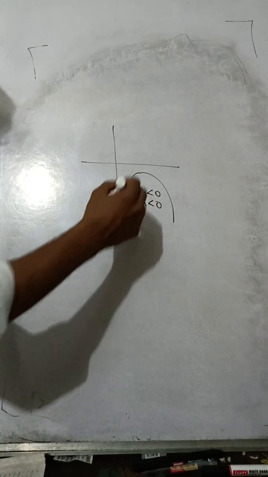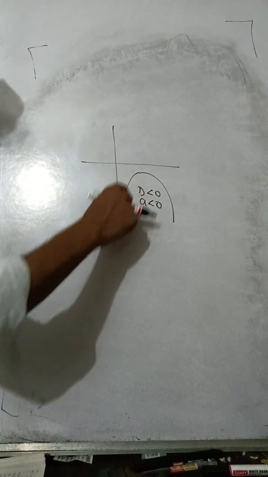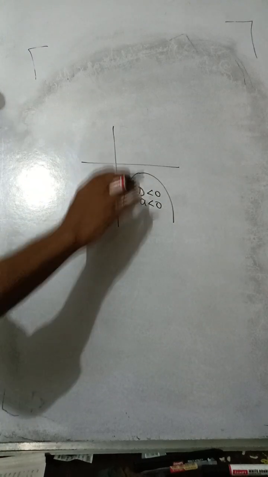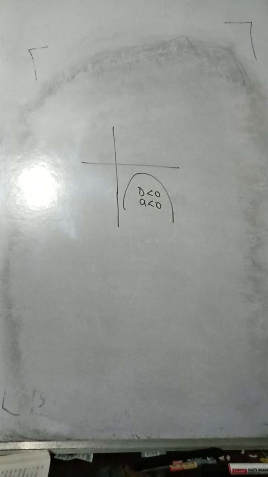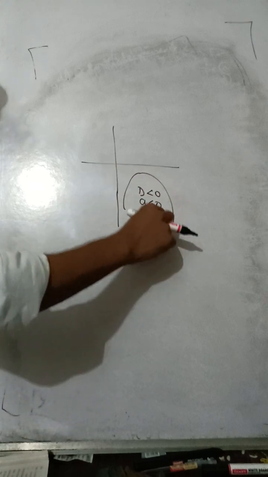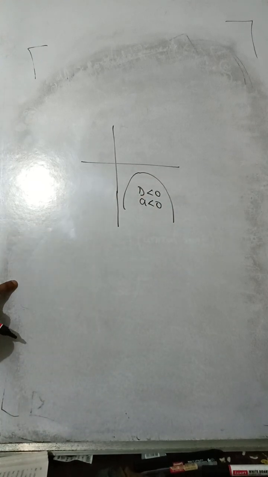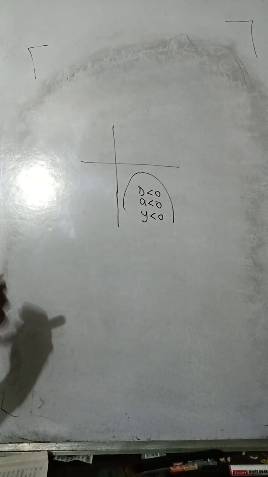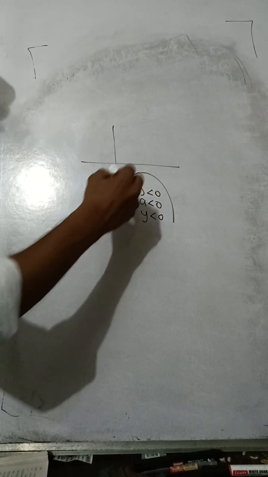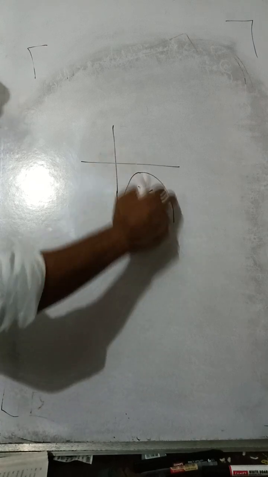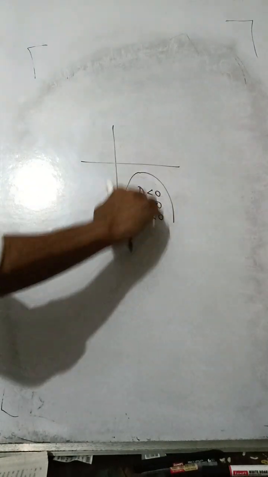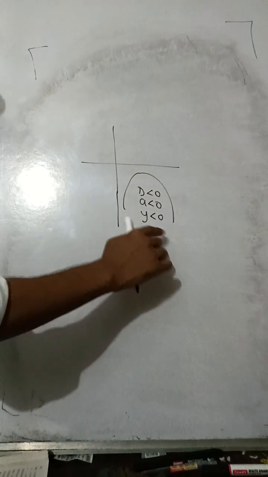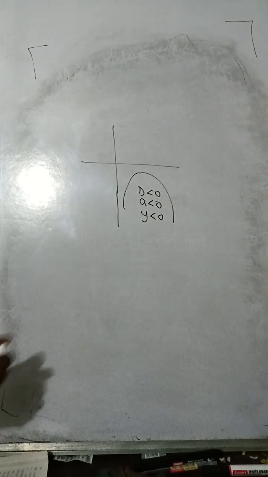So now look, wherever there are unreal roots, the value of y will always be negative here. Why is y negative? Because this curve is below the x-axis. Since this curve is lying below the x-axis, y is always negative here.